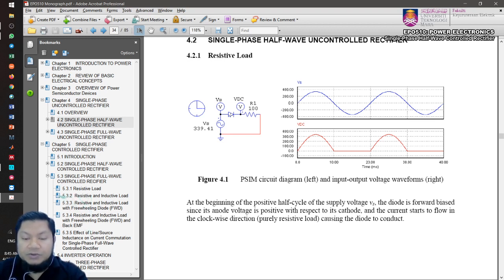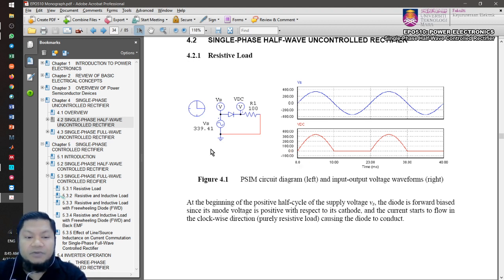So what you need to do now is, the waveform is very much similar to the uncontrolled rectifier, but you need to modify the turn on of the thyristor. Okay, because the gate signal will instruct the thyristor to be turned on at any time during the cycle.